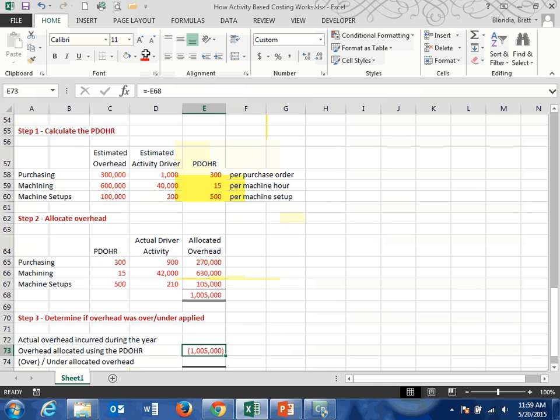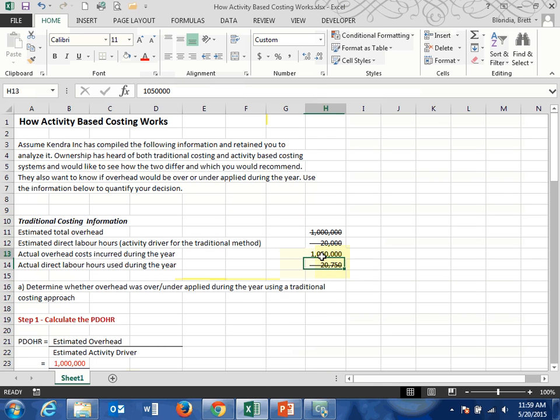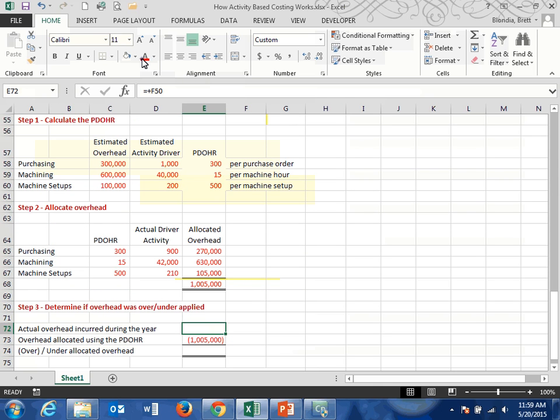I'm going to compare that, if I go all the way back up, to the actual overhead costs that were incurred during the year, which were $1,050,000. So I allocated $1,005,000 and actually incurred $1,050,000. So the over or under applied means I am under allocated by $45K.